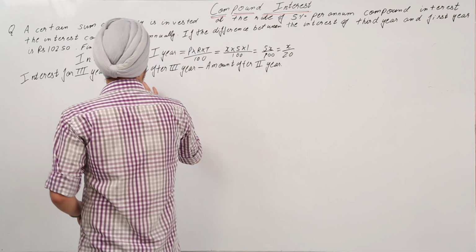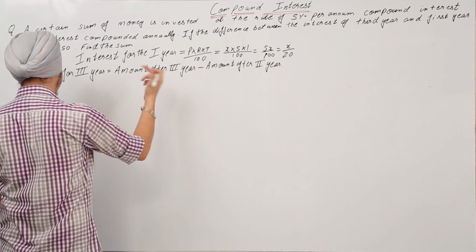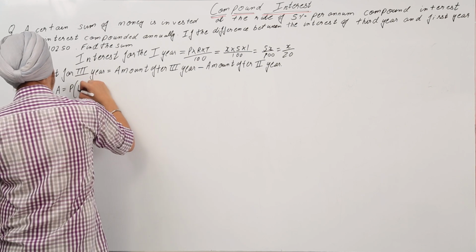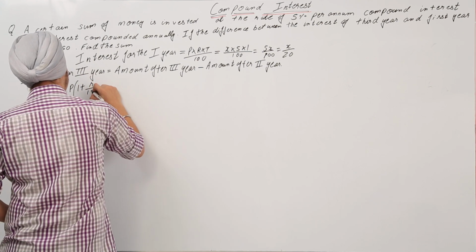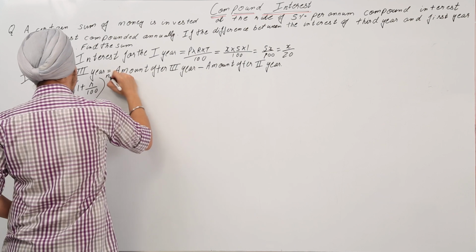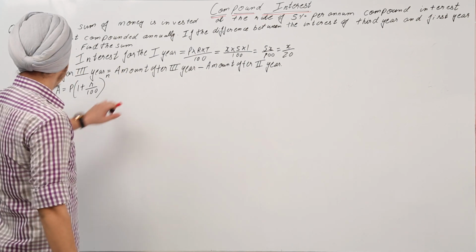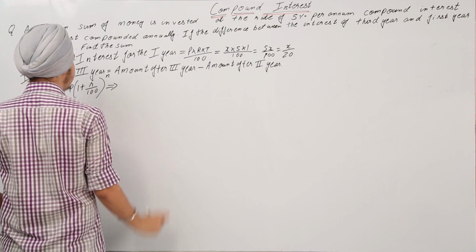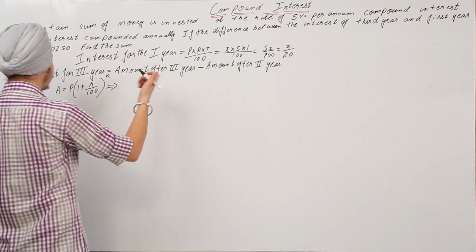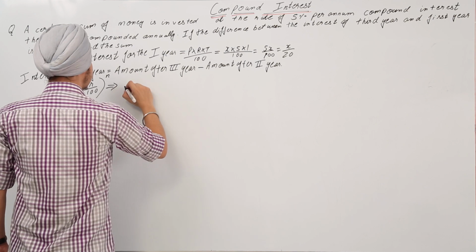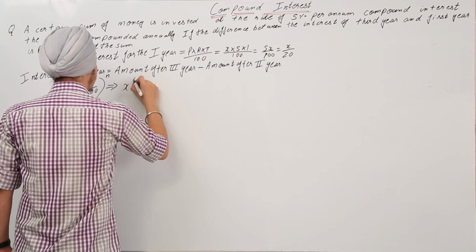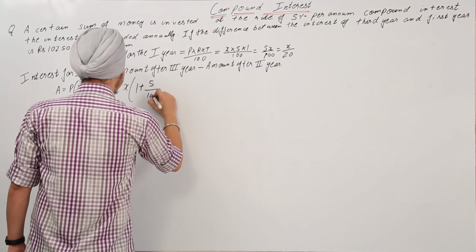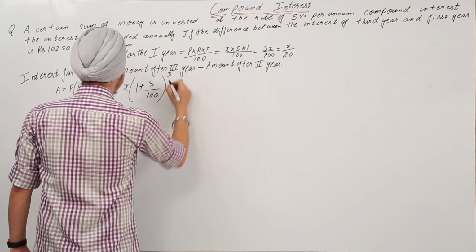So how do we write the amount after third year? We have a formula which says A is equal to P into 1 plus R by 100 raised to power n. Am I right? So according to this formula, the interest for the third year comes out to be the amount after third year, which is P, the principal we have to find, that is x, into 1 plus 5 upon 100 raised to power 3.